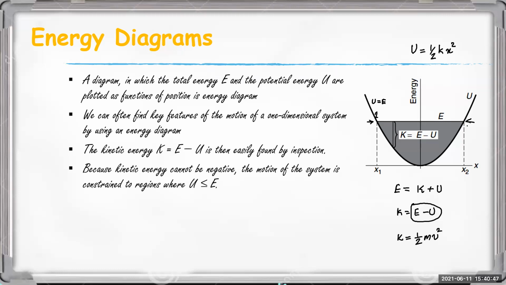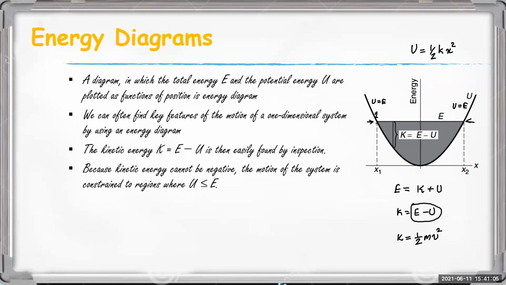And also at the point x2, the potential energy is equal to the total energy. Then if we take this quantity, E minus U must be equal to 0.